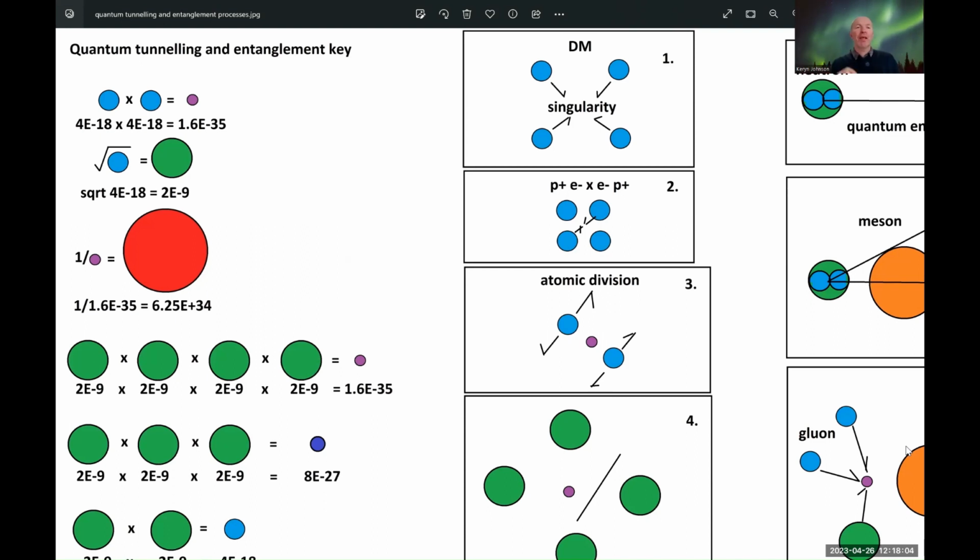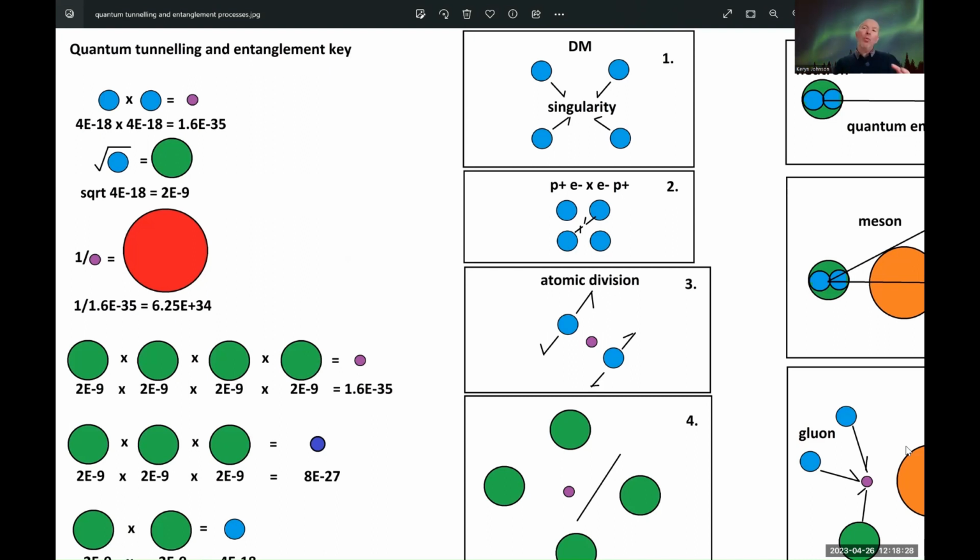So you make it big, make it obvious. So the square root of the electron, or the positron, has this radius of 2e to the negative 9. And if we look at the inverse of the Planck scale, we get 6.25e to the plus 34.